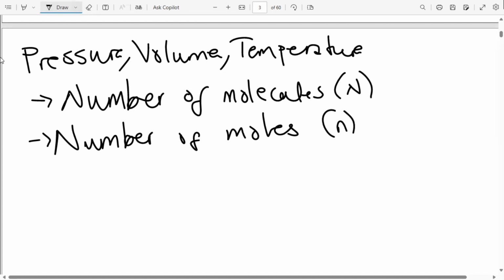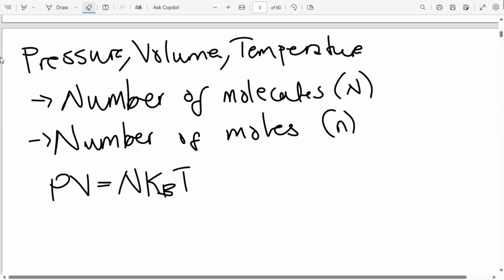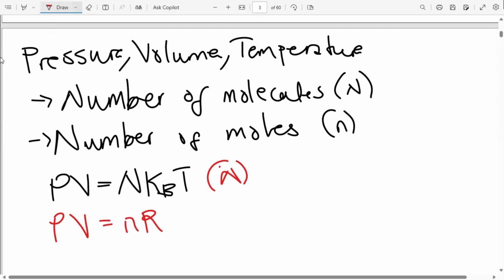So in terms of the number of molecules, the ideal gas equation is PV, I'm just going to write it because we already discussed this, PV is equal to N k_B T. So this is it in terms of the number of molecules, N. Whilst if we are expressing our ideal gas equation in terms of the number of moles, we say PV, which is pressure multiplied by volume, is equal to nRT, where T is temperature in Kelvin.